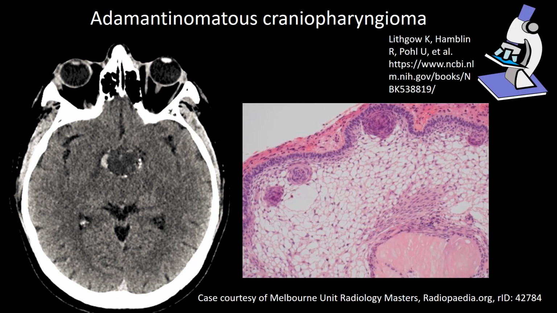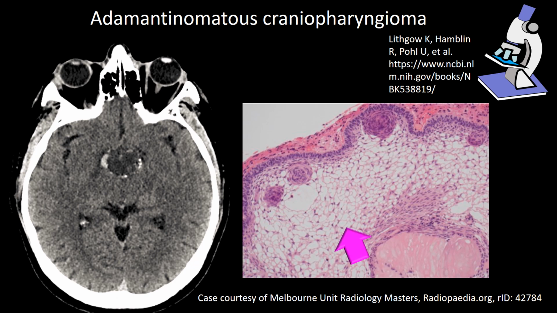Histologically, adamantinomatous craniopharyngiomas have a very well-defined epithelial border. The epithelium forms a peripheral palisading and also nodular whorls, as you can see in this frame.